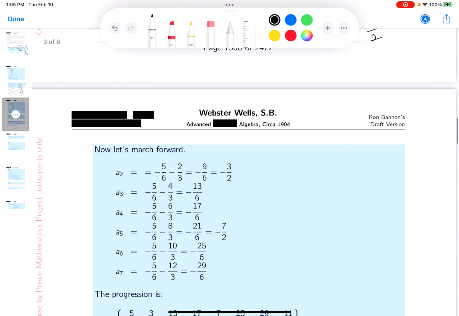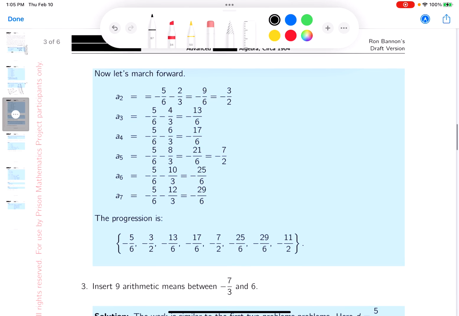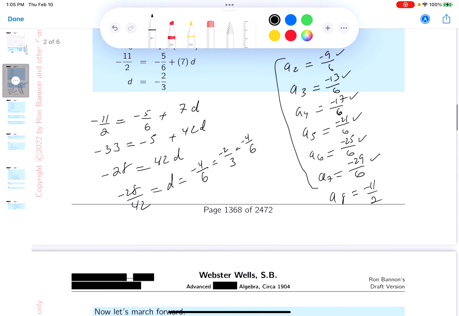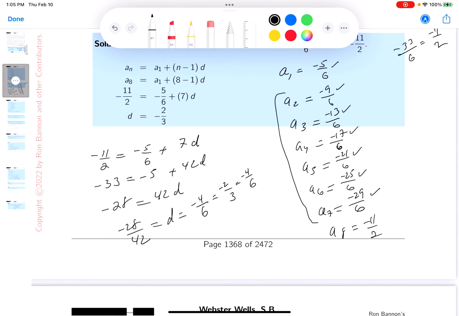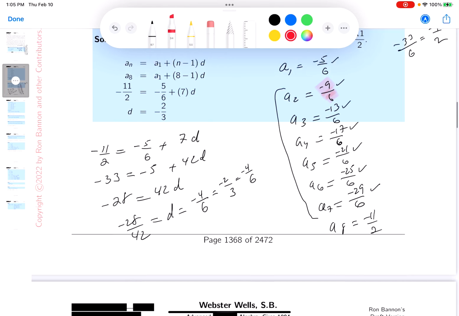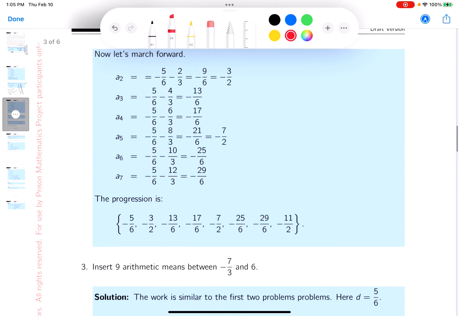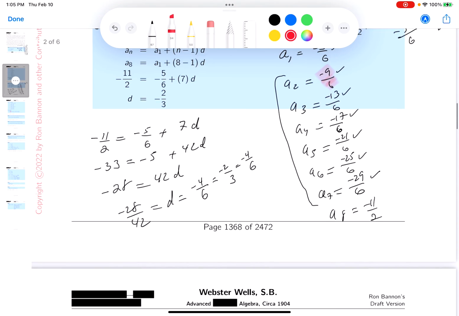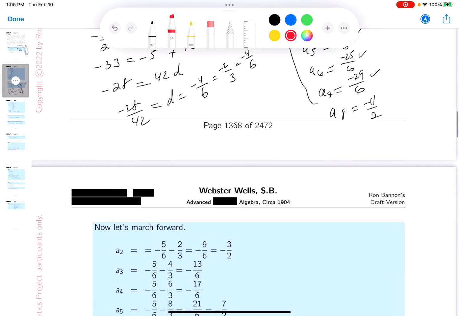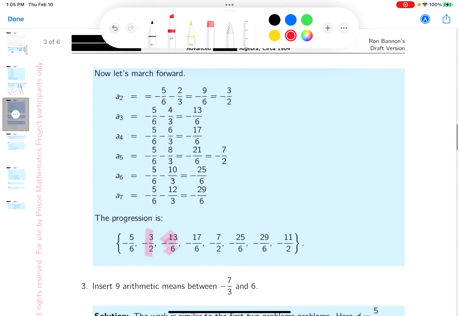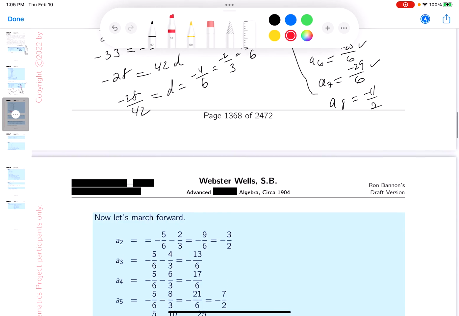Now, again, I'm going to point out these things are written down for you. I hate to do it to you, but I would recommend you check. Let me just get my red pen out. Minus 9 over 6 would reduce to minus 3 halves. Let me go back over here. I see that. And this is going to be minus 13 over 6. There's no reduction there. Let's see if I get minus 17 over 6.